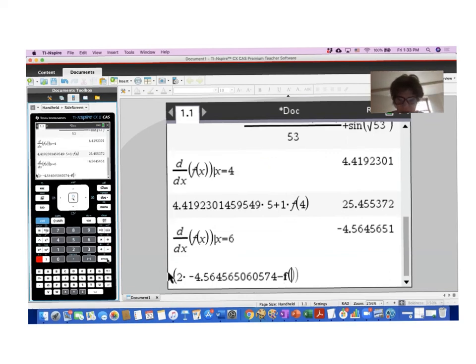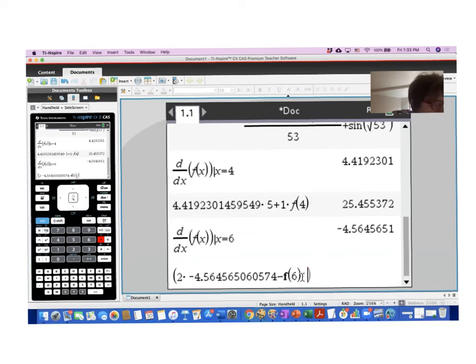So I'm not going to compute that. I'm just going to write f of 6 times the derivative of g at 6. And in the chart, the derivative of g at 6 was -3. So I'm going to put this in parentheses, -3.